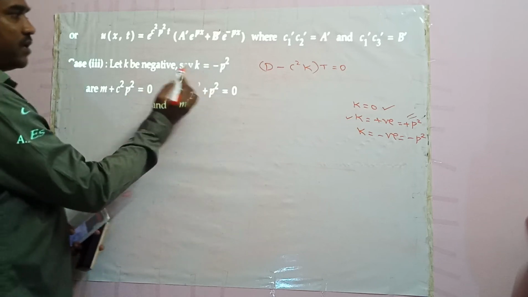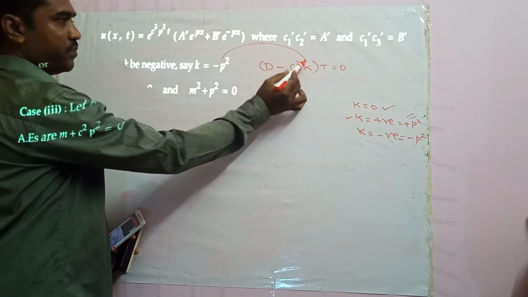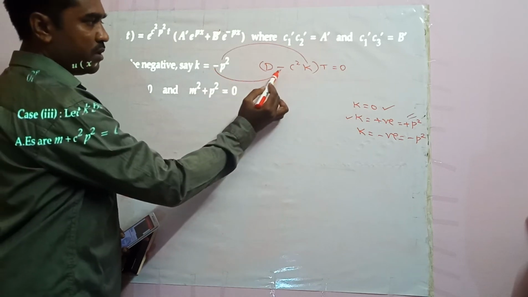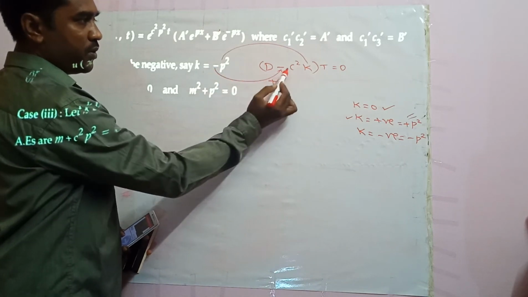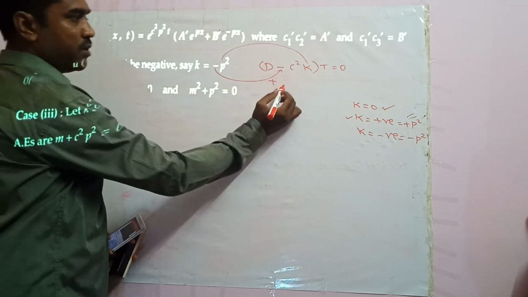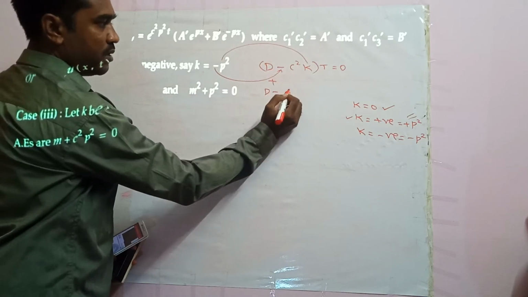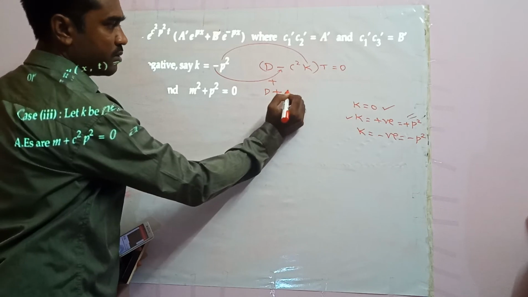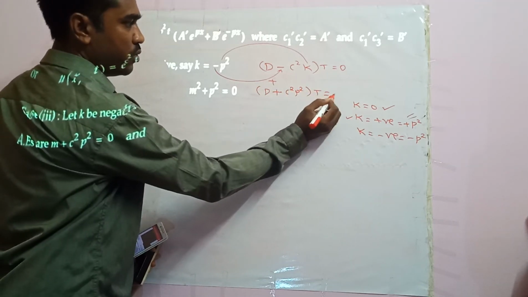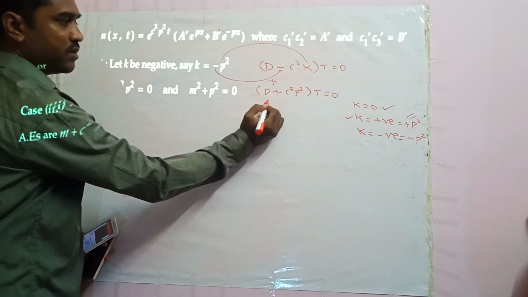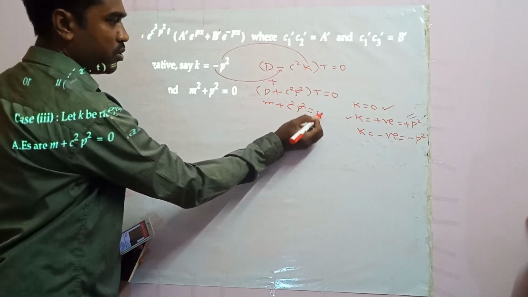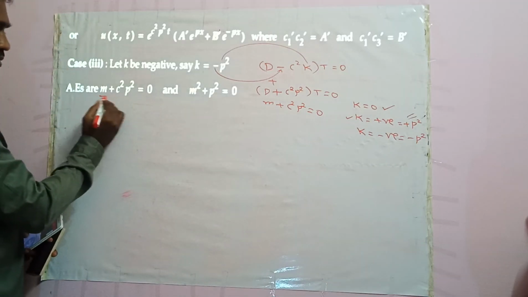In the place of k, if you replace minus p square, minus into minus plus, what you get is c square p square. D minus into minus plus c square p square into t is equal to 0. Then what is the auxiliary equation? M plus c square p square is equal to 0. That is what we have written here.